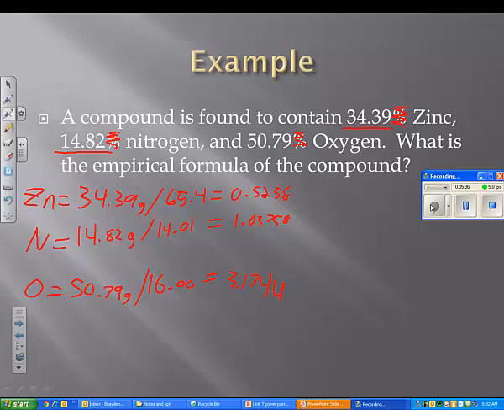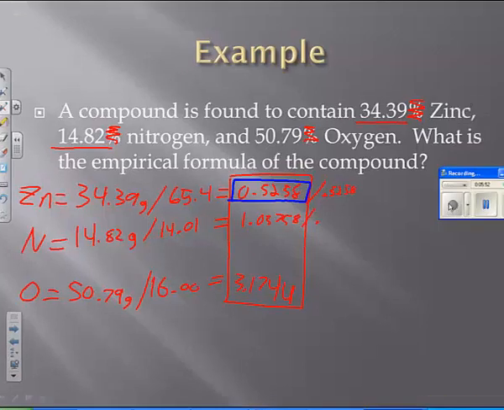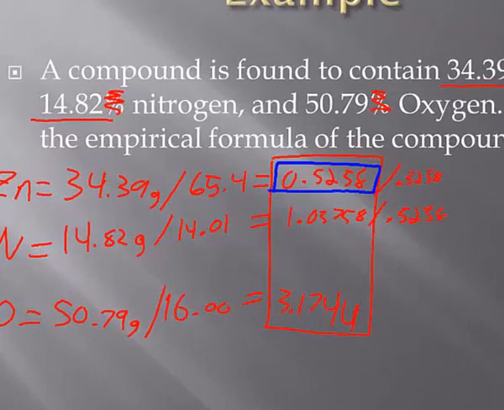Now we're going to divide by smallest. So you've got to look at these three answers and decide which one is the smallest. And that one should be easy. It's going to be the 0.5258. That's our smallest. So we're going to divide all of these by 0.5258. So zinc equals 1, nitrogen equals 2, and oxygen equals 6.